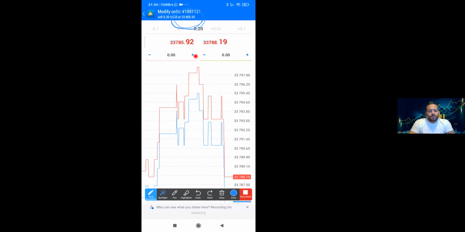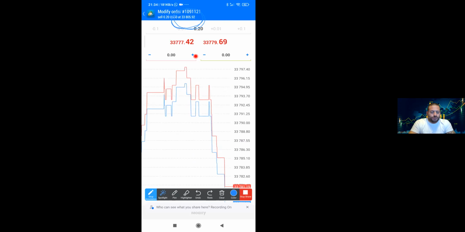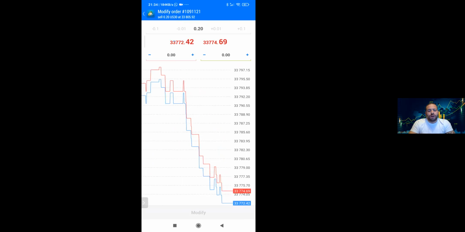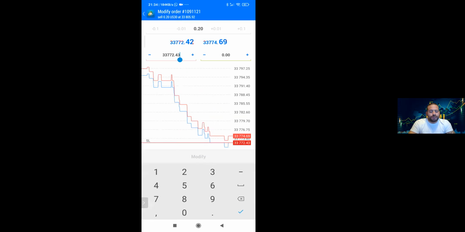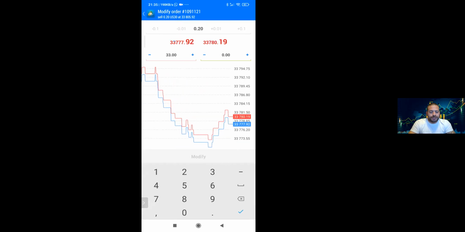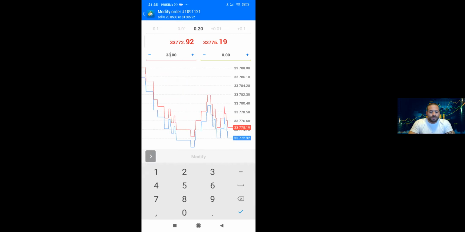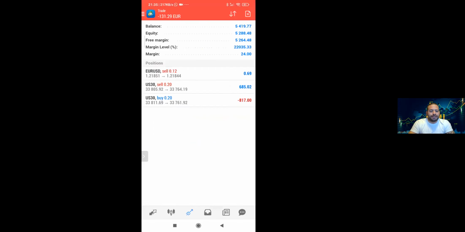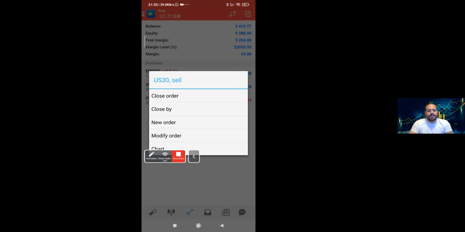When we talk about protecting your trade or moving stop loss to entry, all we're doing is putting our stop loss at the same price at which we entered the trade. This means that if my stop loss is hit, the worst thing that happens is I make no money, but I can't lose money. Does that make sense, guys?